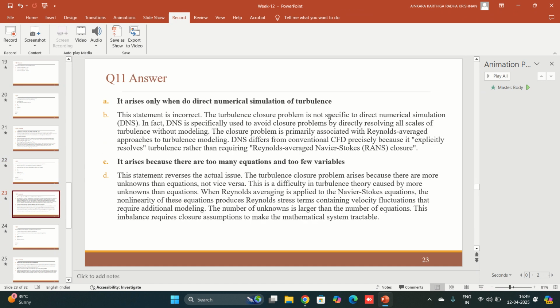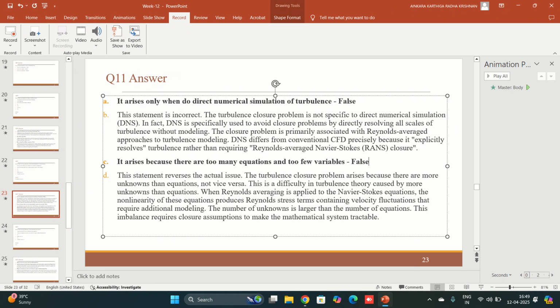DNS we use when we want to escape the turbulence closure issues. And turbulence closure arises when the number of equations is less but the number of variables is high; in those cases only we have the turbulence closure problem. So that is the case.